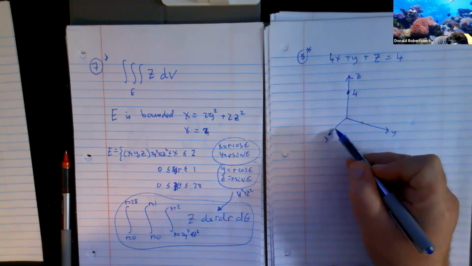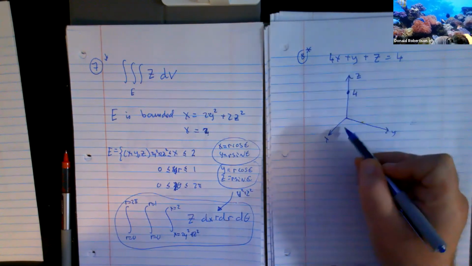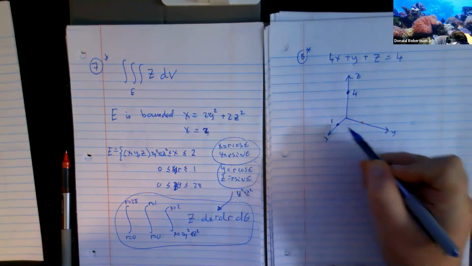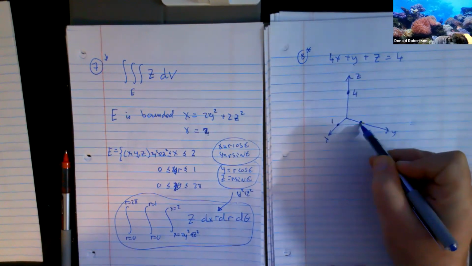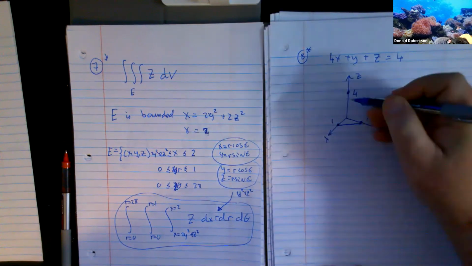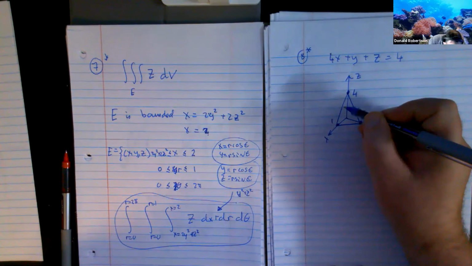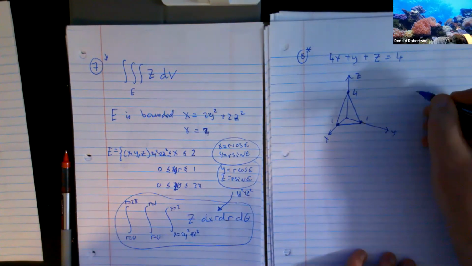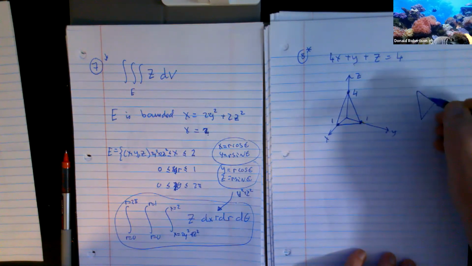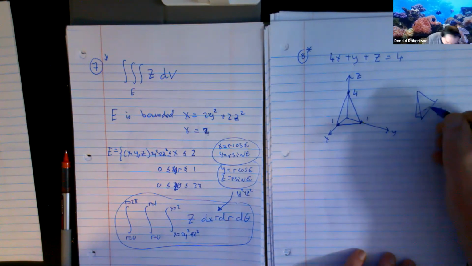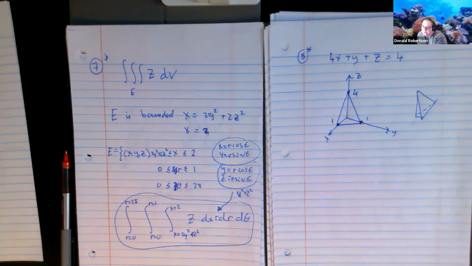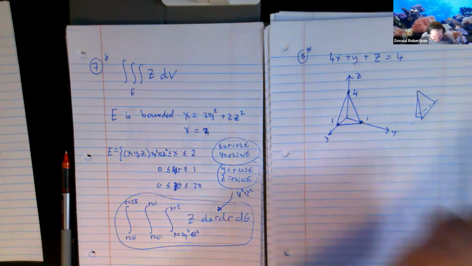Well, on the x-axis, the other 2 are zeros, so it crosses the x-axis at 1, and it also crosses the y-axis at 1. So the tetrahedron that they are talking about is that shape there. It would look, if I could orientate it a little bit differently, something like that. And we are being asked to find the volume of this shape.